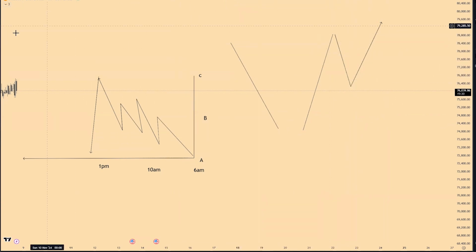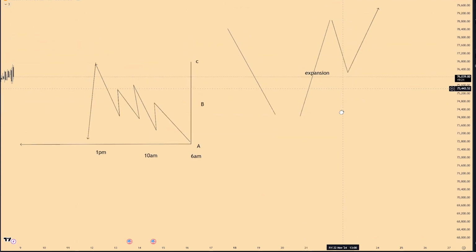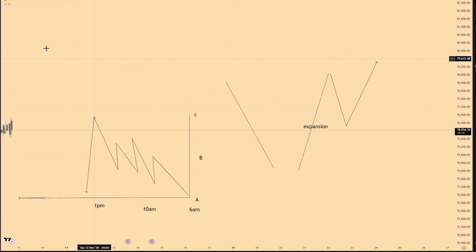So let me just name it so that you see. This is an expansion, and this thing you're seeing here is the pullback or retracement, corrective pullback. I call it corrective pullback at times. That's the context of what price can do.